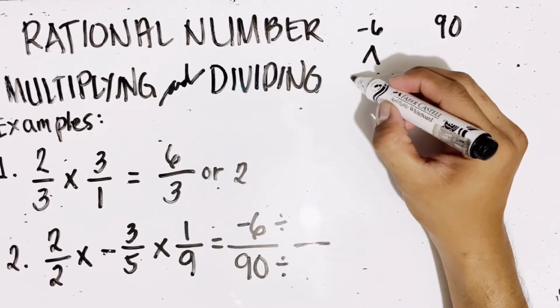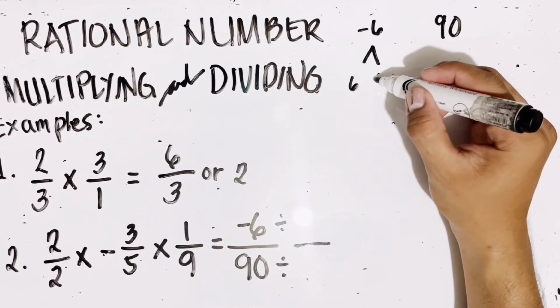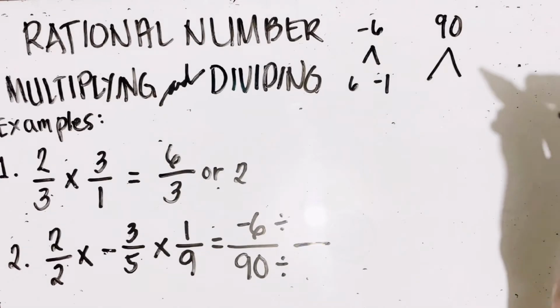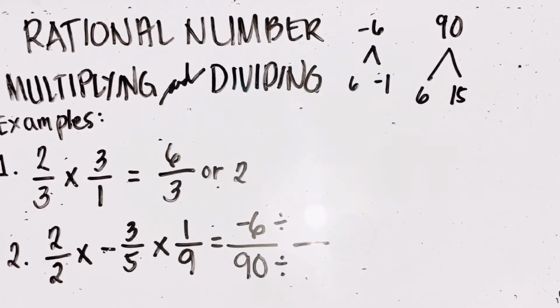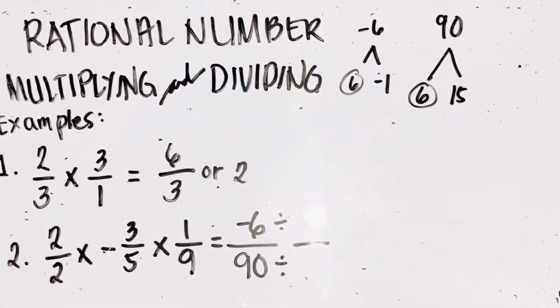Negative 6 can have the following factors: 6 times negative 1, while 90 can have the following factors: 6 times 15. So they have a common factor, 6.